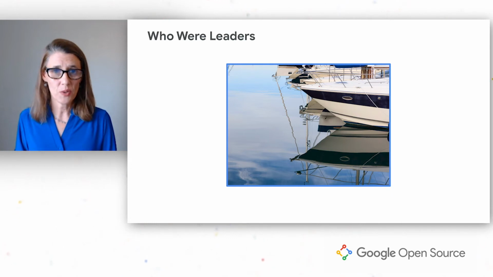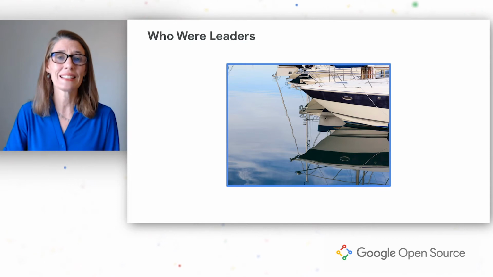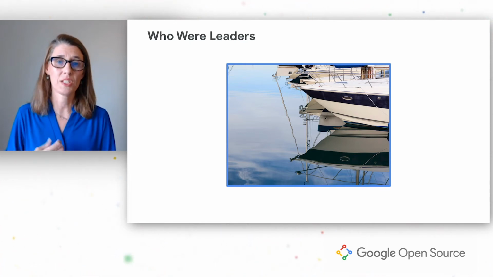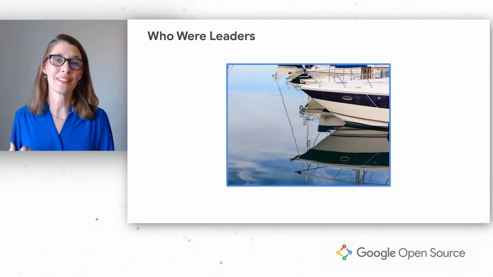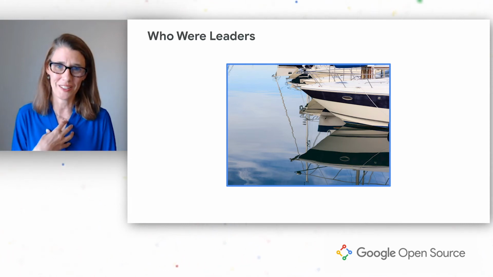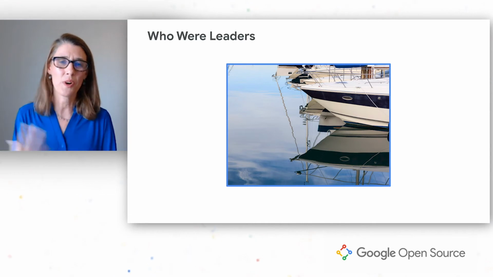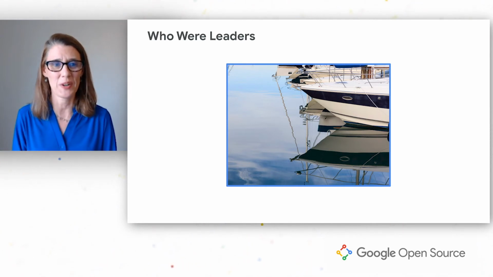The other person who was a leader, which might be a little surprising, is the contributor, because they had to lead themselves to get a positive outcome and to achieve a goal. And so I'm going to explore what that means to be an individual leader a little bit more in this session, because at the end of the day, it's all of us individuals working in open source, and we all have to know how to lead ourselves towards a good positive outcome.